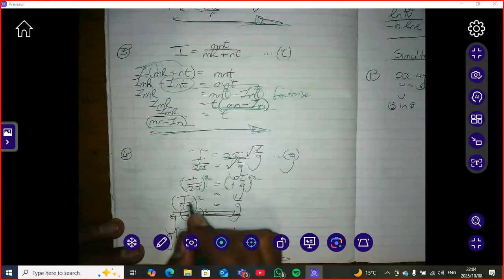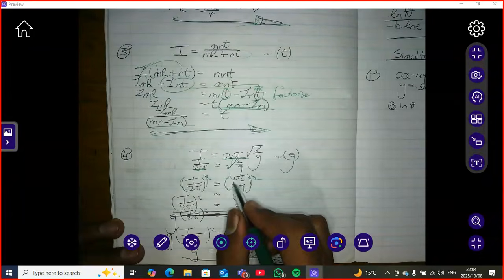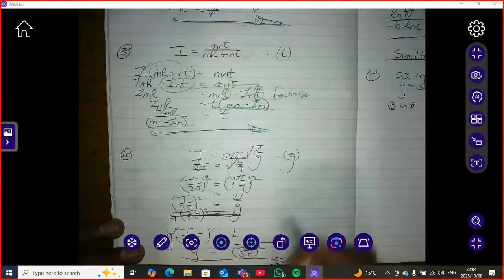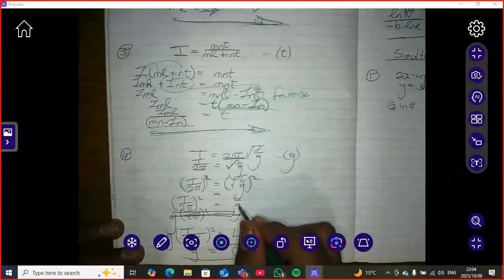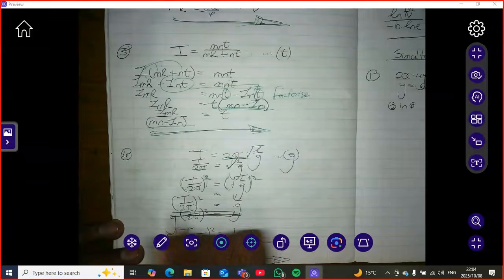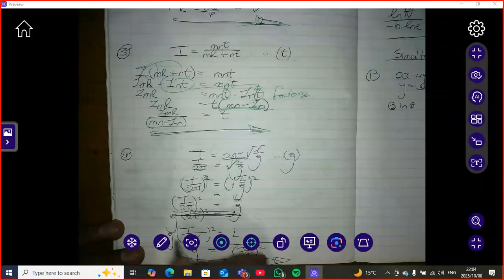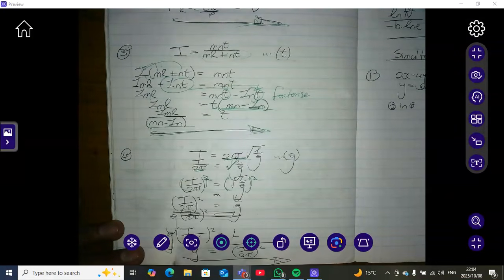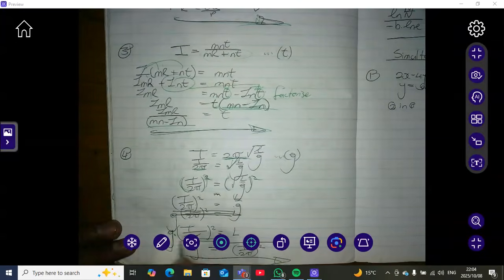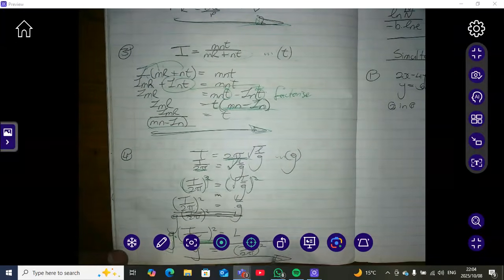Square root falls away. Then I multiply with G to get G this side. So then here's my G that I want. Then to get G alone, I divide with this here again to put it that side.